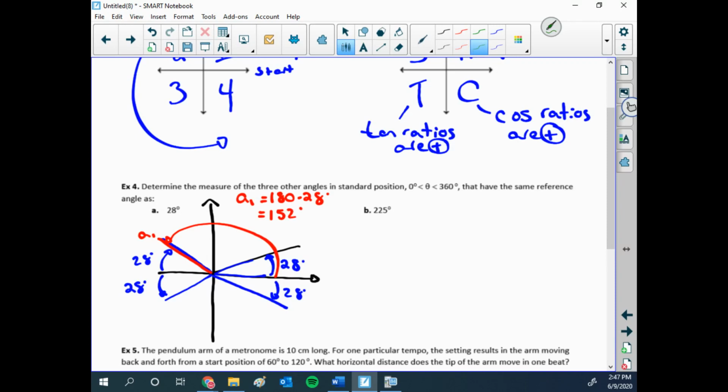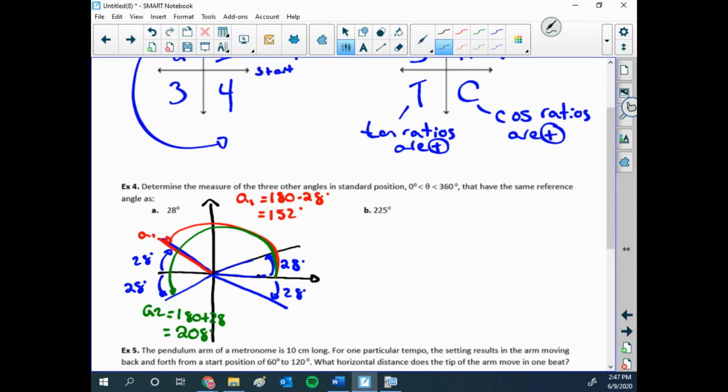I can do the same thing. Let's call this arm 2. So arm 2, I start here, and then I go all the way to that terminal arm. Arm 2 is just going to be 180 plus 28 to get to that terminal arm, which gives me 208 degrees. And the last one is this one in quadrant 4.